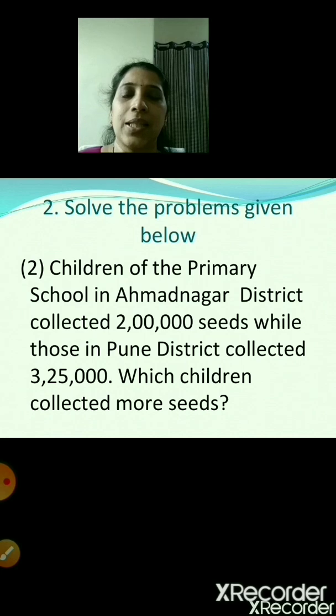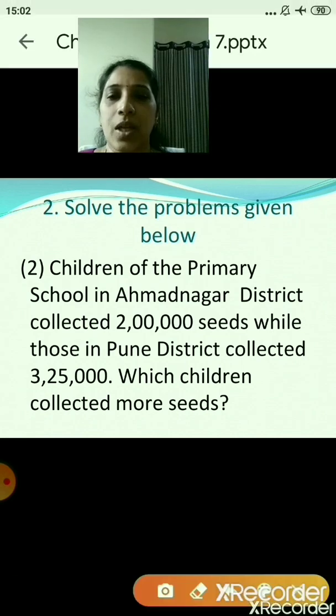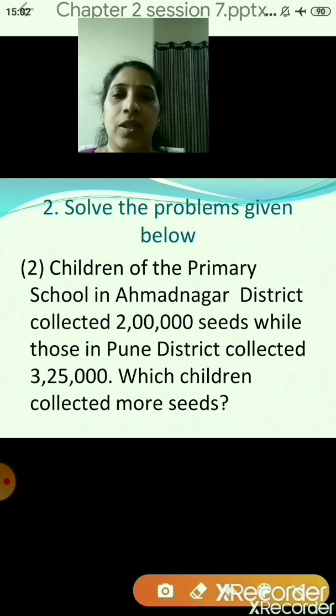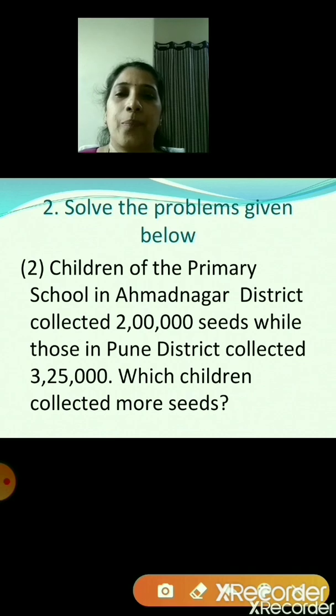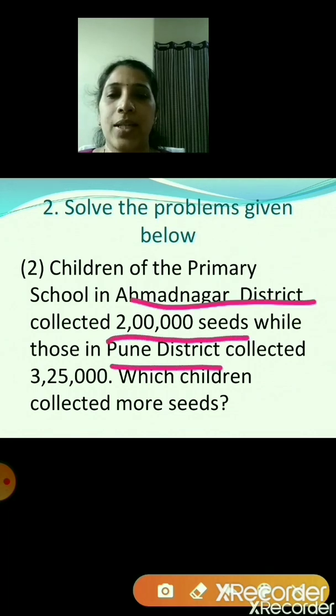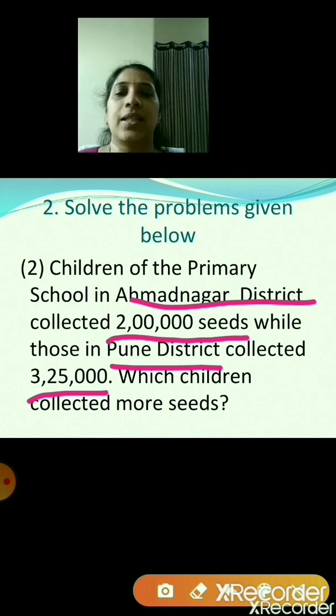So you can see now here, children, again they have given that the primary children in Ahmednagar district, they collected 2 lakh seeds, whereas Pune district, they collected 3,25,000 seeds. So you have to decide now which children, the children from which district has collected the more seeds.